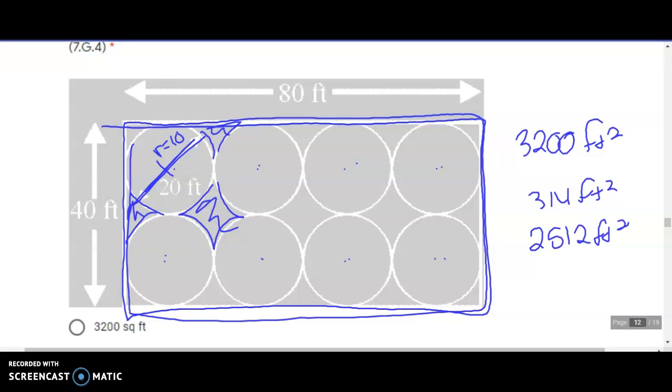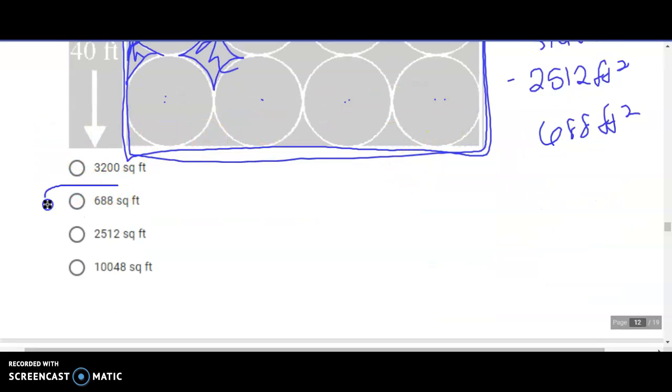So you're going to take the 3,200, subtract the 2,512, and you get 688 feet squared that does not get covered.